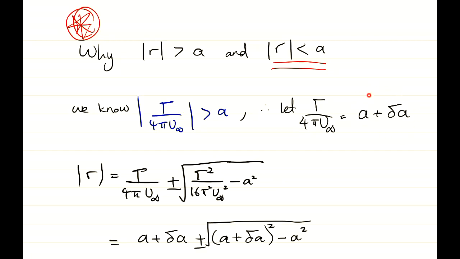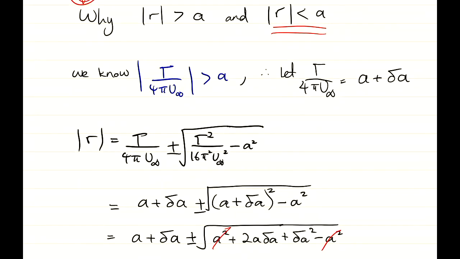So it's just some change in a, delta a. If I substitute it back into this equation here, this term is going to be a plus delta a, plus minus the square root of (a plus delta a) squared minus a squared.